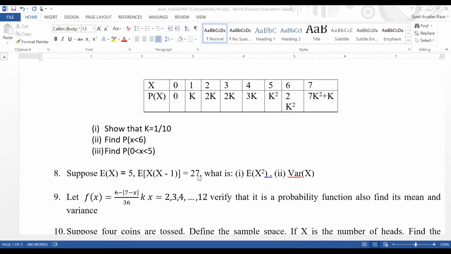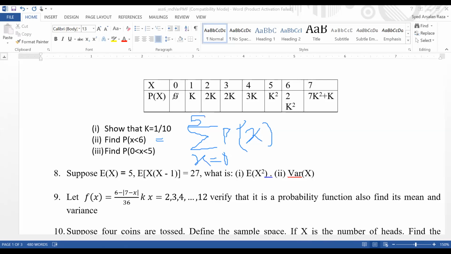In part 2, you have to add all the probabilities which are less than 6. So part 2 can be represented as the summation of all probabilities from x equal to 0 up to less than 6, which means 5.